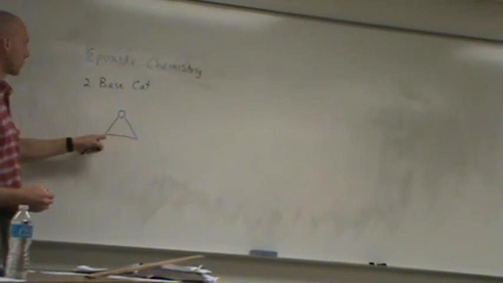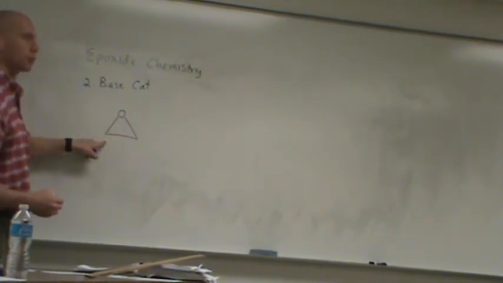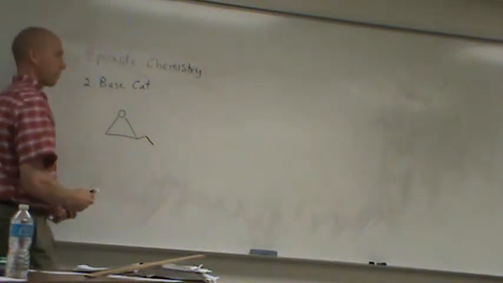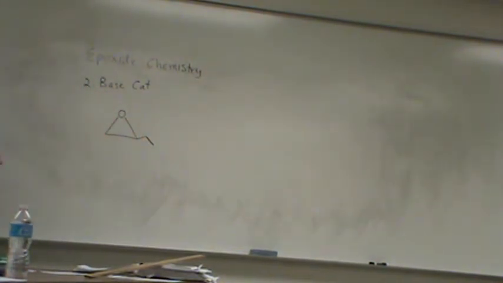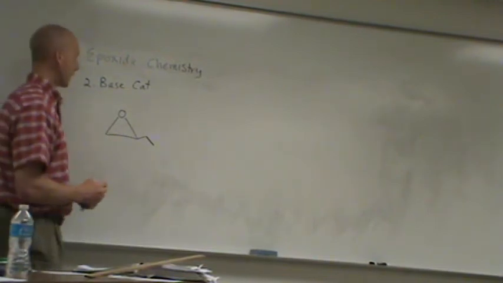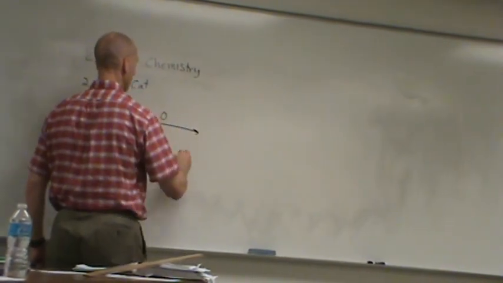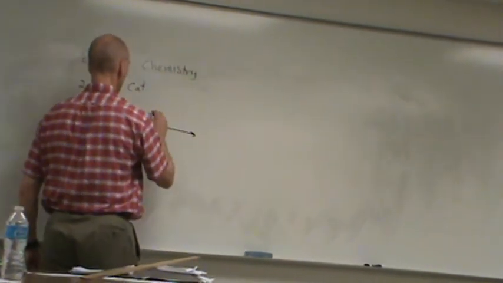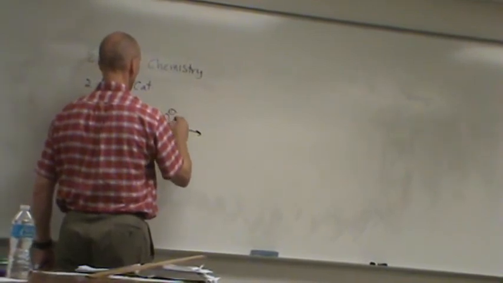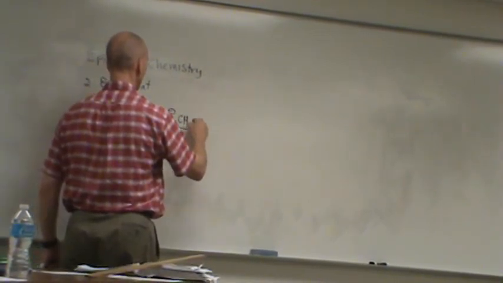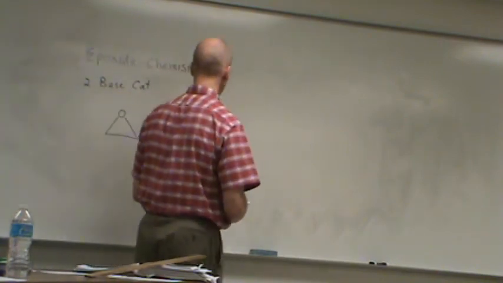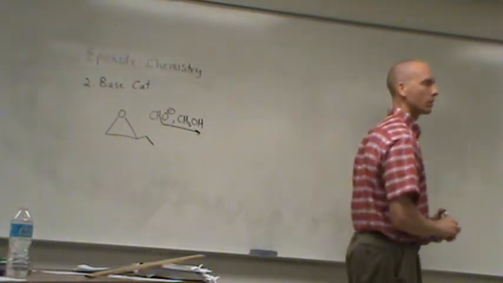This time I'm not going to start with both sides being the same. This time I'm going to make one side different by having an alkyl group there. Okay? And now, same reaction here. Let's react with base and the alcohol.